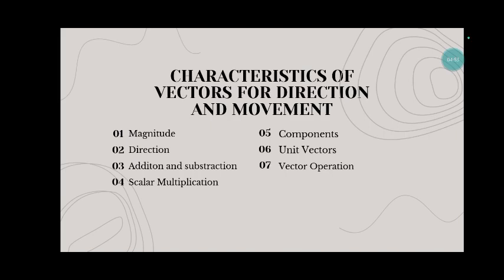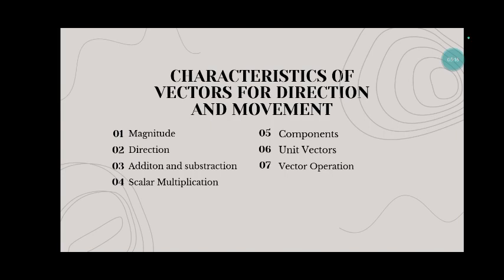Which is addition and subtraction. Vectors can be added together or subtracted to represent combined or relative movements. Scalar multiplication. Vectors can be multiplied by scalars to scale the magnitude of the movement without changing its direction.